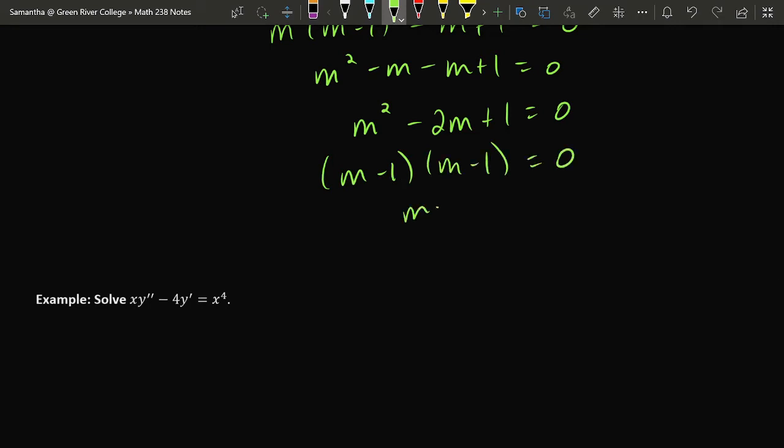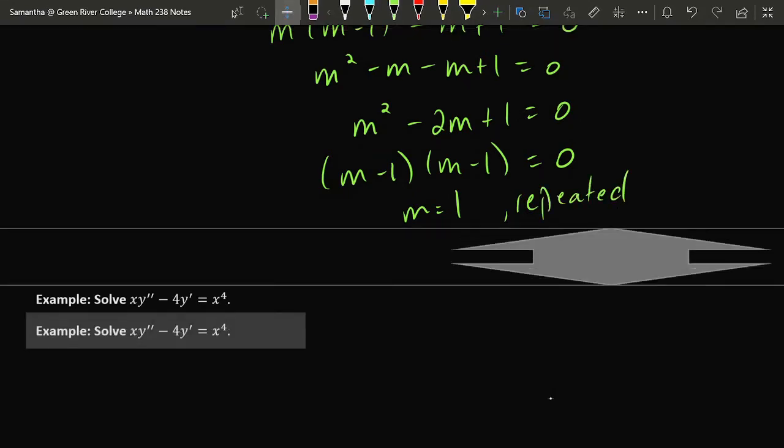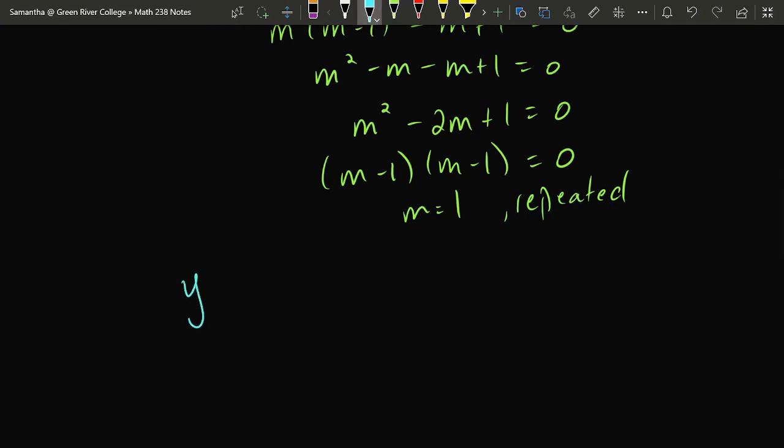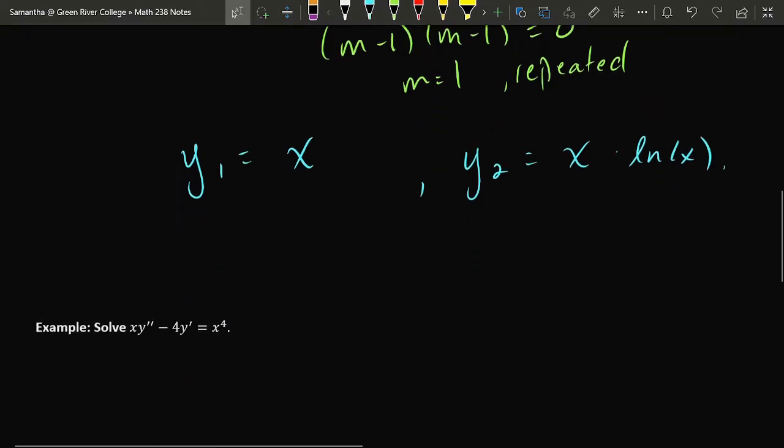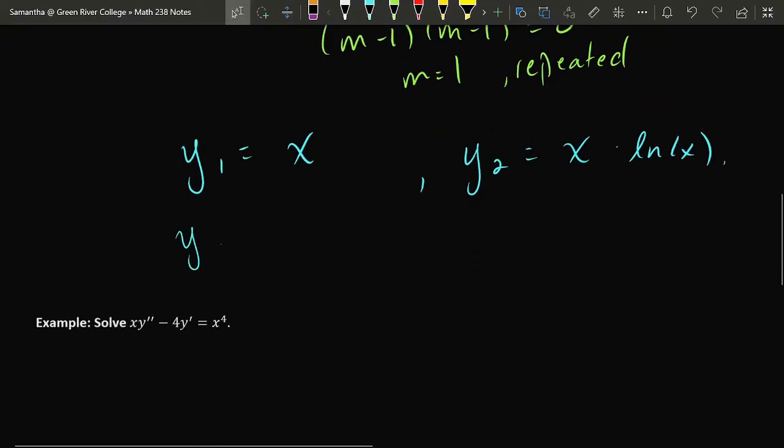So we have a repeated real root, and that means that our independent solutions are given by y1 equals x and y2 equals x times natural log of x. With this, we can get our complementary function c1 times x plus c2 times x times the natural log.